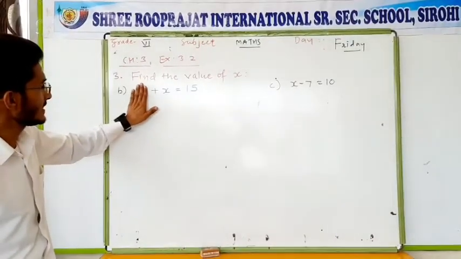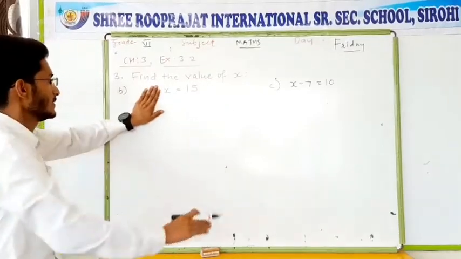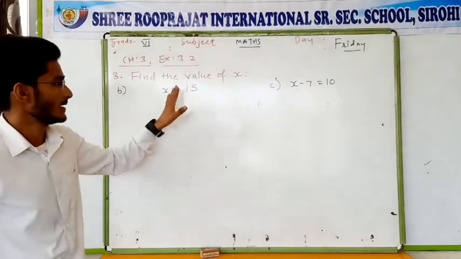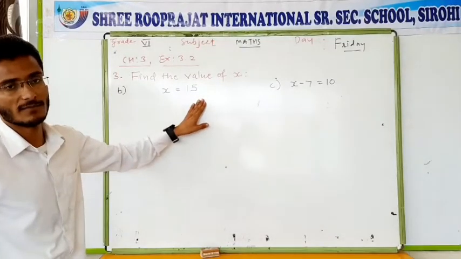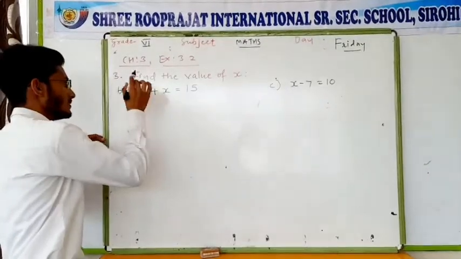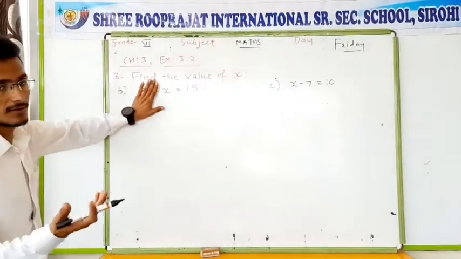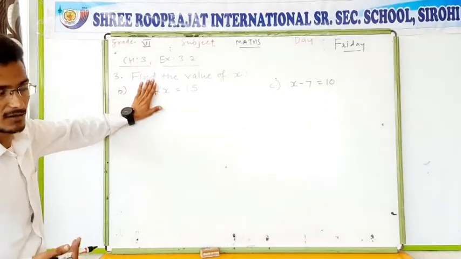We have to remove that 9 from the left hand side. These are the two sides, left hand side and right hand side. So suppose there is no 9, that means x is equal to 15. But here the 9 is given. So you have to find the value of x. If there is no 9, you will find the value automatically.